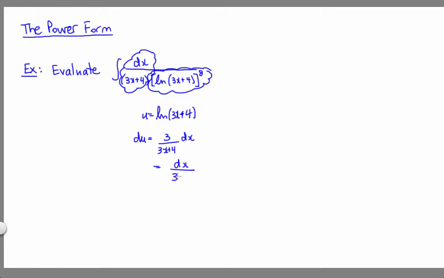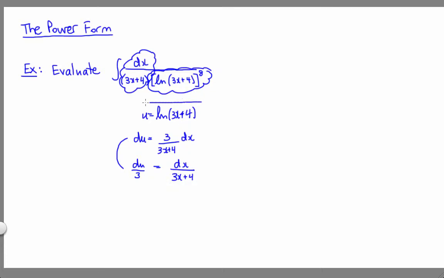I'll copy that down. This is the expression that we're looking for, and we want to ask ourselves, how do we get from du to a transformation of du? Well, what we'd have to do is divide by 3. So we could say du over 3 is the same thing as dx over 3x plus 4.